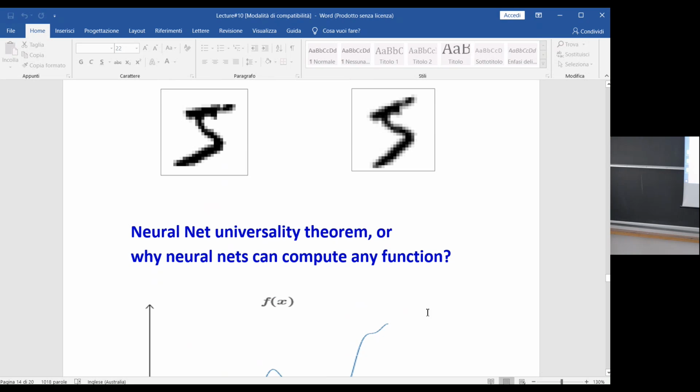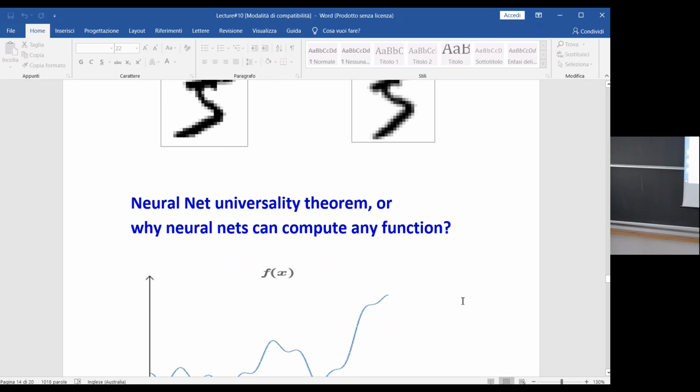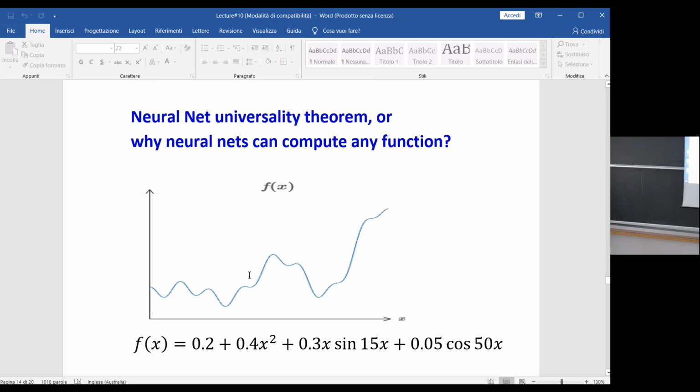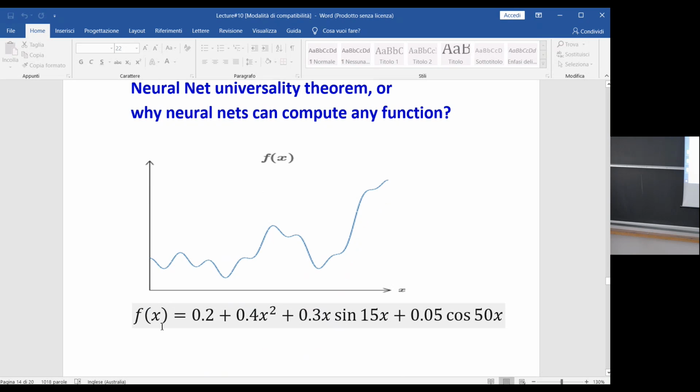Then we also consider the neural net universality theorem, or why neural nets can compute any function. So let us take any function. Now we can reveal what is some polynomial or trigonometric function.